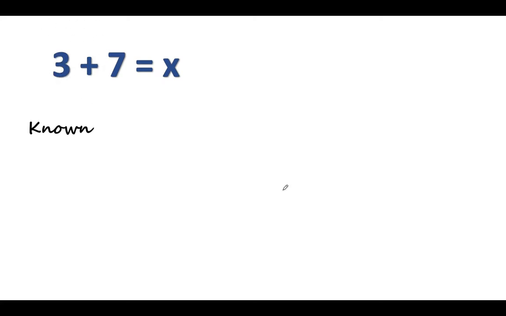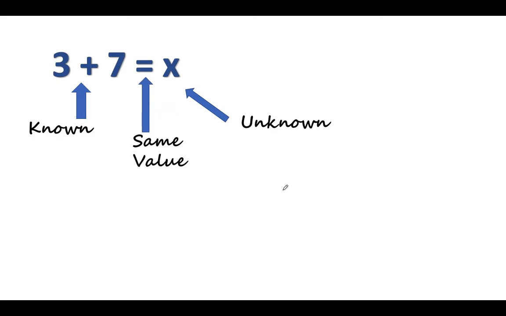In this 3 plus 7, you know the value if you know how to add. So this is something known to you, and this x is used to denote the unknown thing, and this equal to sign denotes that both the left hand side and the right hand side have the same value.